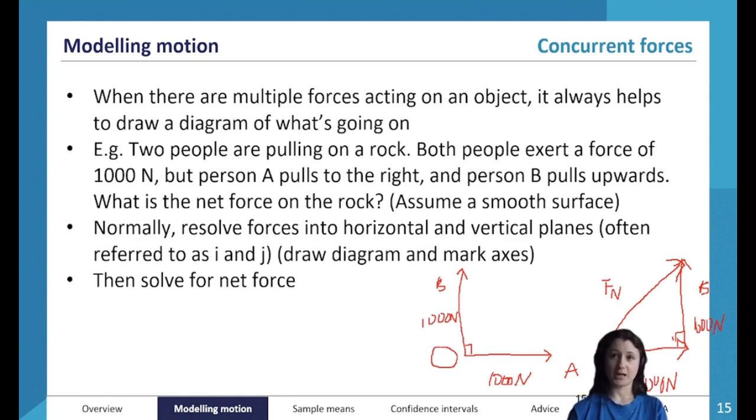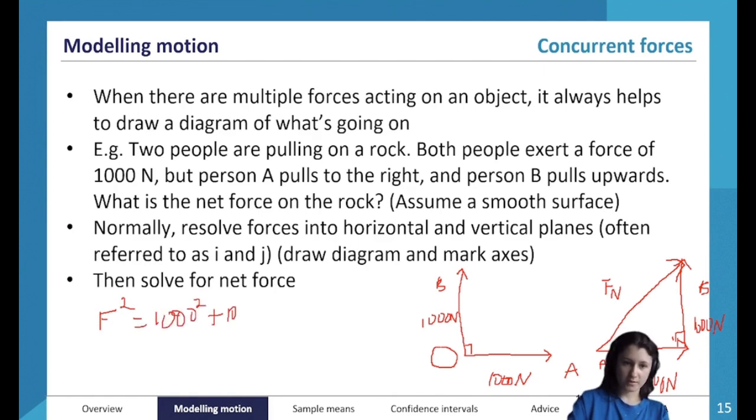So here we just have a right angle triangle, meaning what formula can we use to find that length there? Pythagoras. We're going to have F squared equals 1,000 squared plus 1,000 squared. So let's see what this gets us. F equals 1414 newtons.